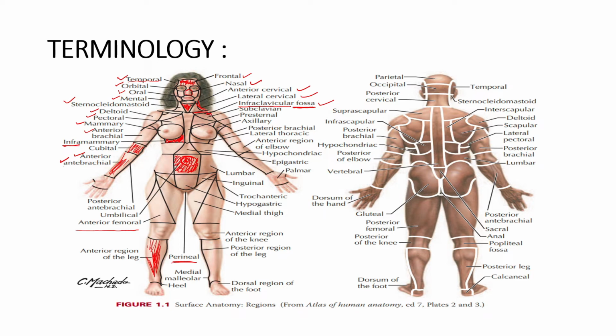Now subclavian. Here we see the pectoral region, pectoralis major, one muscle is there. From this terminology, that muscle name used to come, pectoralis major, pectoralis minor, like that. So just above the pectoral region, this region is called subclavian.